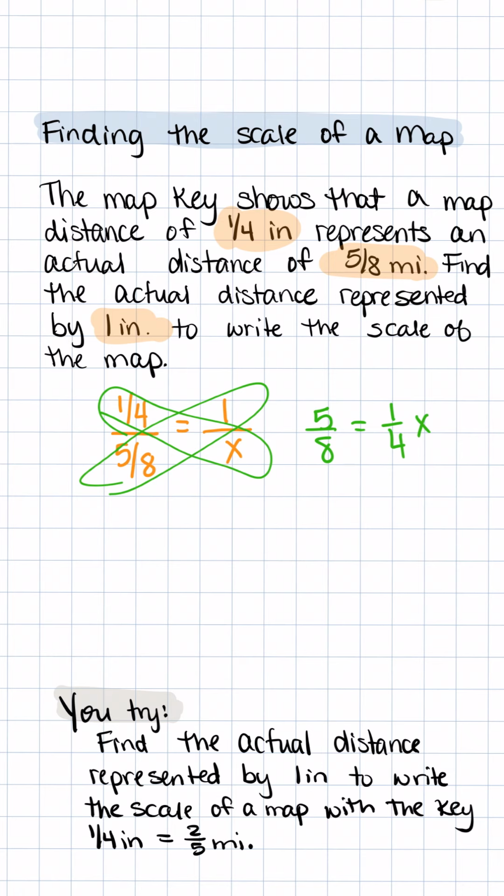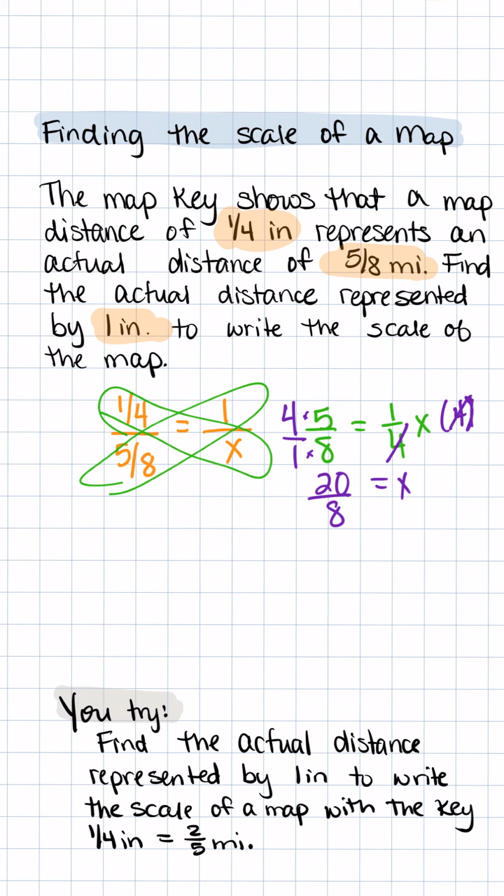So let's go ahead and try to get x by itself. Let's multiply this by 4, and it's like doing 4 over 1. Those cross out. Whatever we do to that side, we have to do to this. So now we have x equals 4 times 5 equals 20, and it's like 4 over 1. 1 times 8 equals 8.